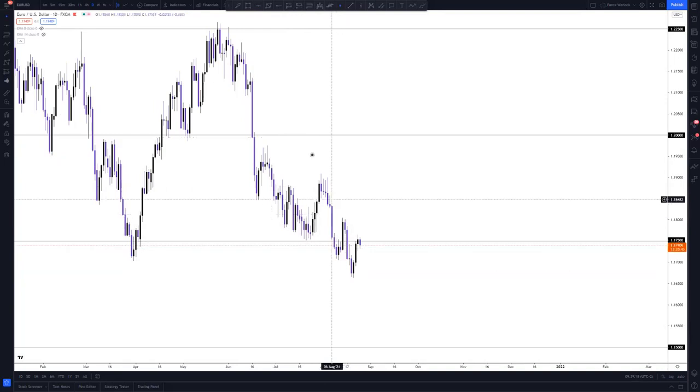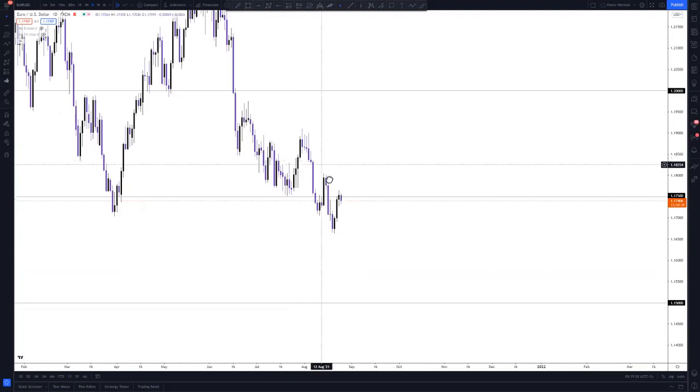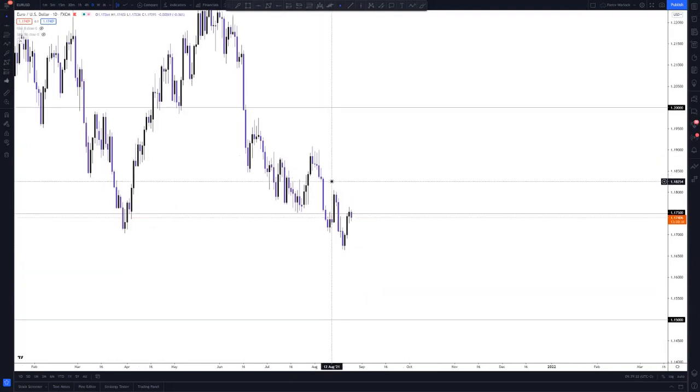Now, if you know the theory of lower lows and lower highs, which is good, I did make a video about it. So now I'm going to analyze. Starting from here, I can see that I'm at the level of 1.17500, which is a key level for me, right?